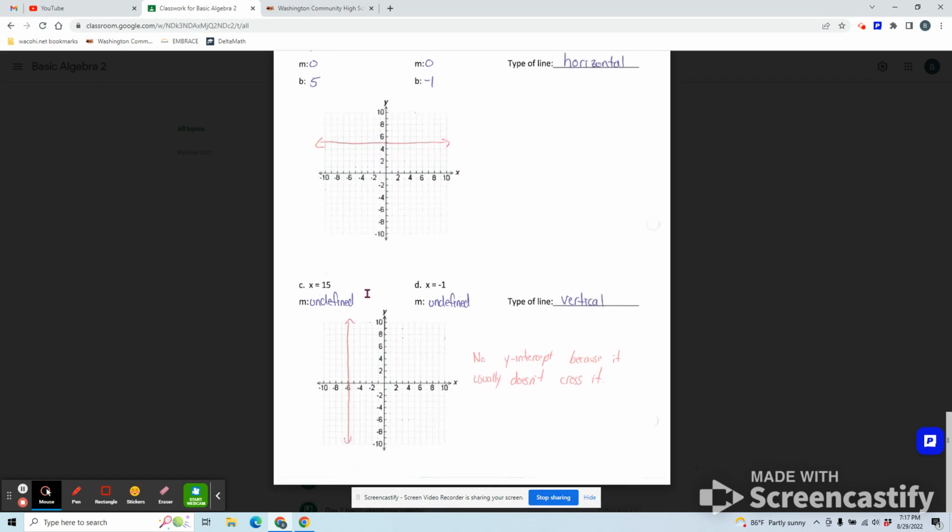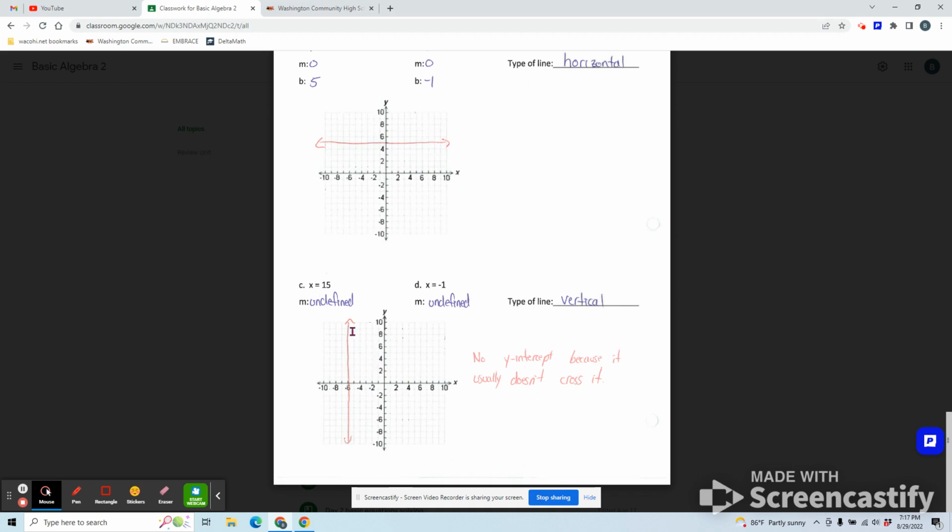Now if I look down here, this one's a little bit different. I'm only asking you to identify the m, or the slope. And that's because there is no y-intercept. It's not going to cross the y-axis. Now if I gave you the equation x equals 0, that would be the only time. But for purposes of this class, I'm not going to do that.